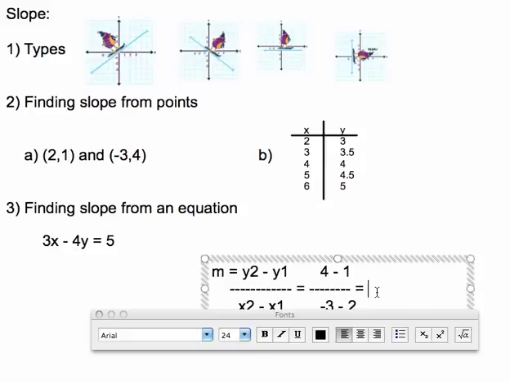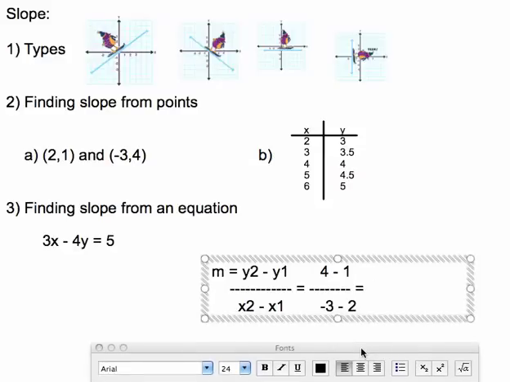And when I simplify this, I get 3 over, and when I simplify negative 3 minus 2, I get negative 5. So my slope is equal to negative 3 over 5.